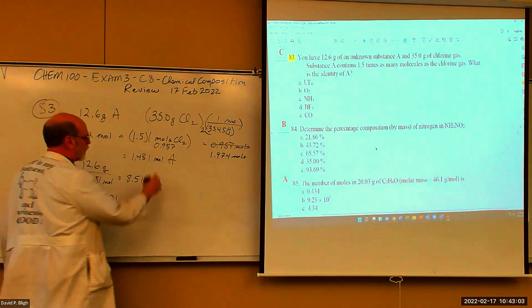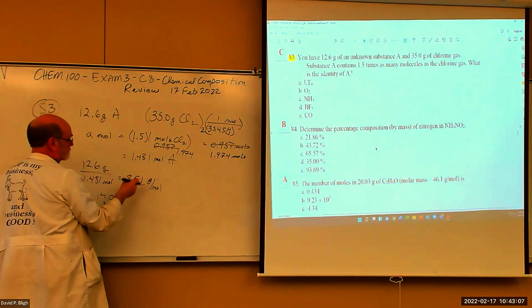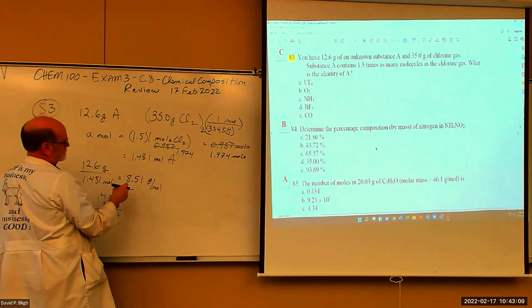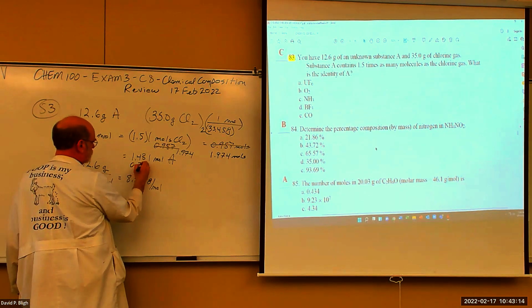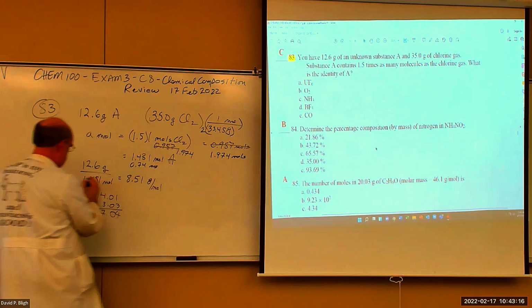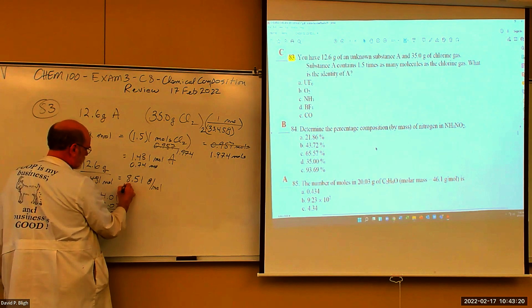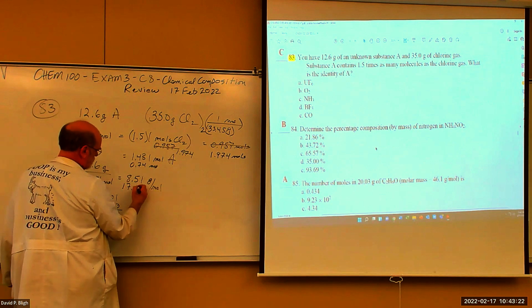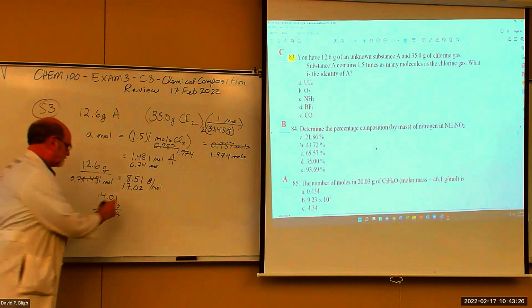Okay. So 1.5 times 0.974 is actually half of this. 0.74 moles. 0.74 should be double this one. It should be 17.02. There you go. That's ammonia.